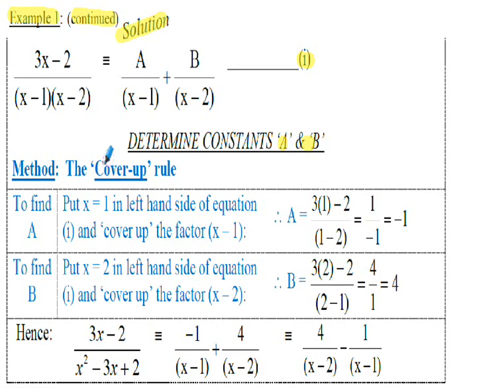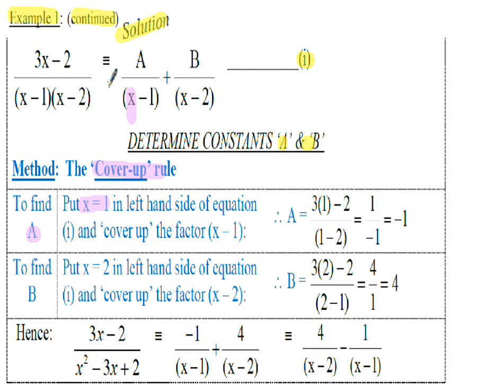So using the cover-up rule in this particular case, what we do is now consider the first bracket here on the right hand side of equation 1 and say to ourselves, what's the value of x I need here to make that bracket become 0? Well, we need to let x equal 1. And now what we'll do is solve for the constant a.